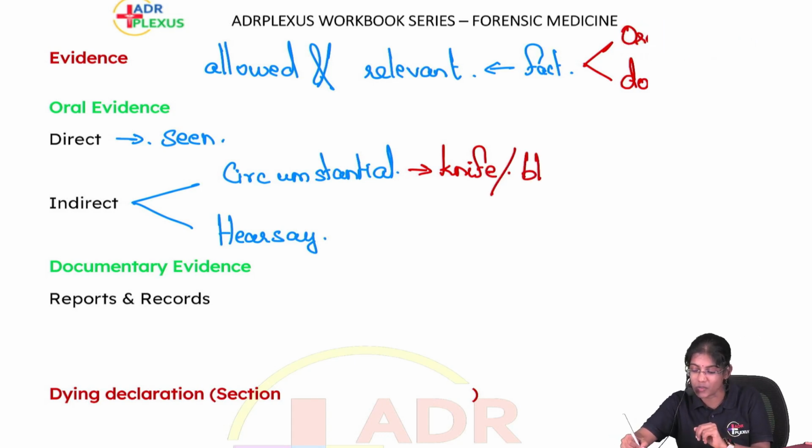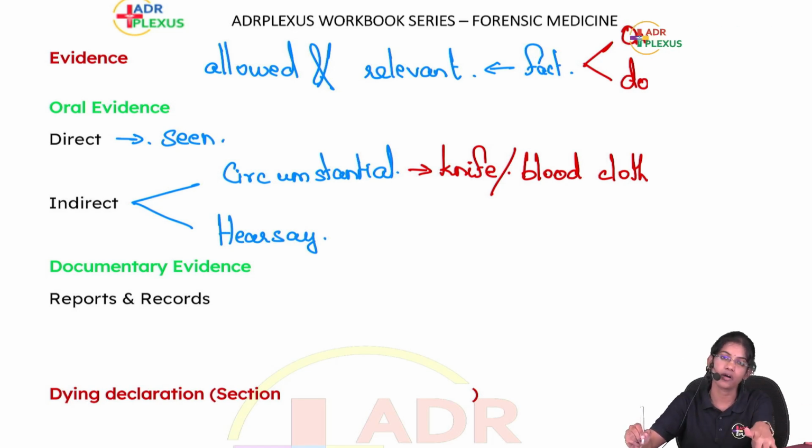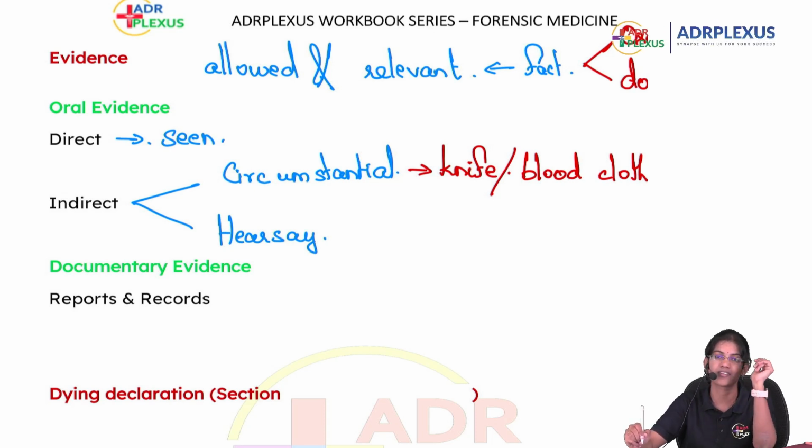Okay. Now, seeing a knife is circumstantial evidence. Seeing a bloody cloth, circumstantial evidence. Hearsay is I did not see anything. In the morning I woke up, my neighbor comes and tells me that so and so was running with a knife and everything. Now that's hearsay evidence, right?